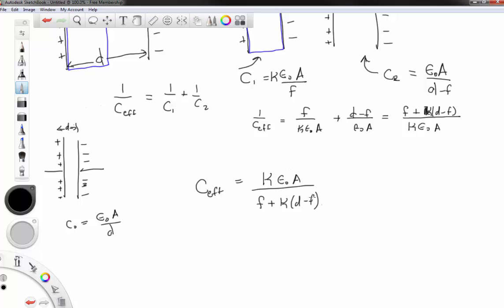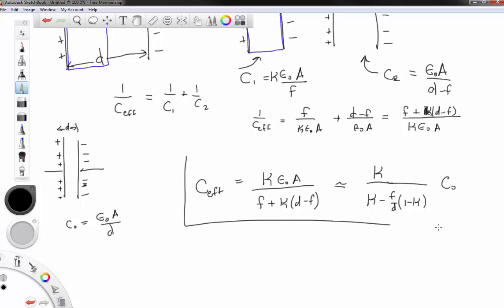But it turns out we can rearrange everything in this equation so that this is equal to something like kappa over kappa minus F over D times 1 minus kappa, times C naught. So that's what the effective capacitance is going to be when we put a dielectric partially into this system.